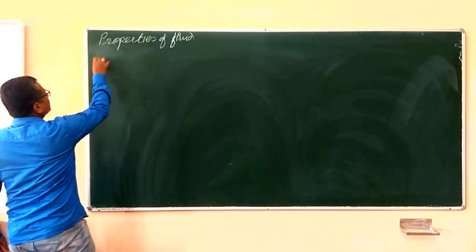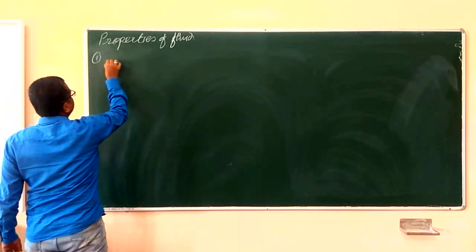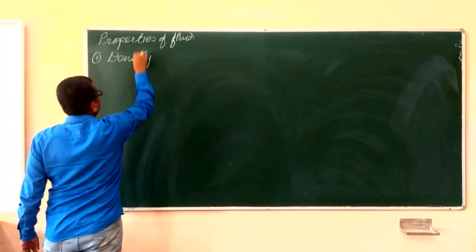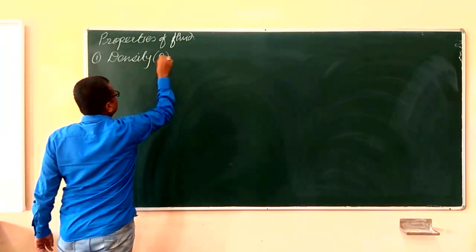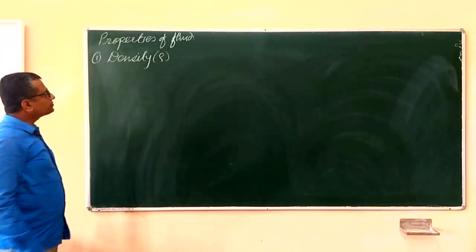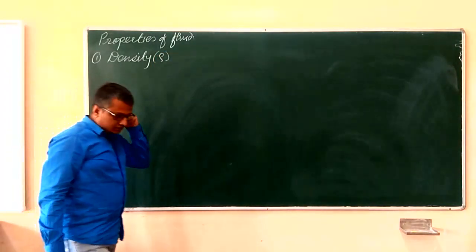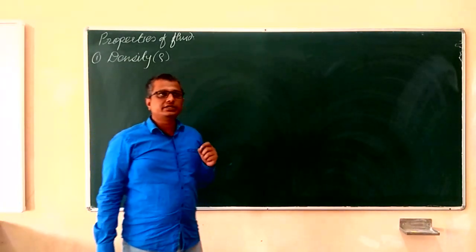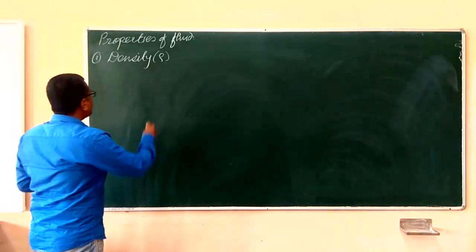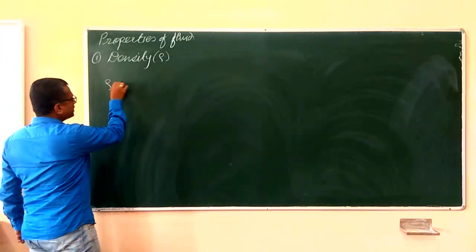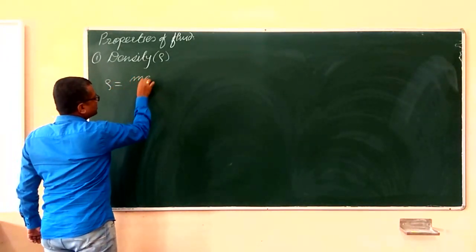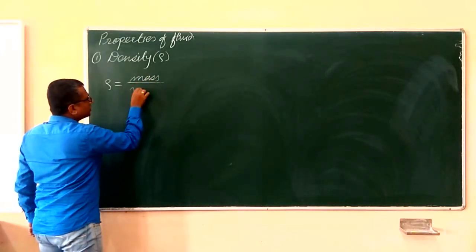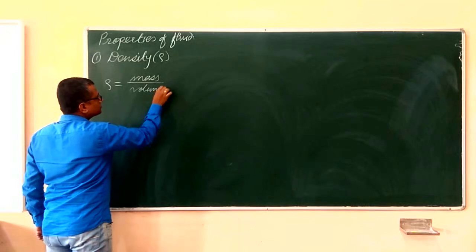Now, the first property is the density. The term density is represented by the letter rho. The term density is defined as the ratio of the mass of the fluid to its total volume.